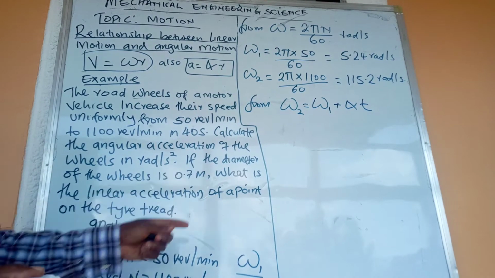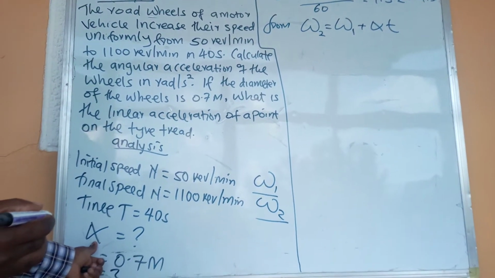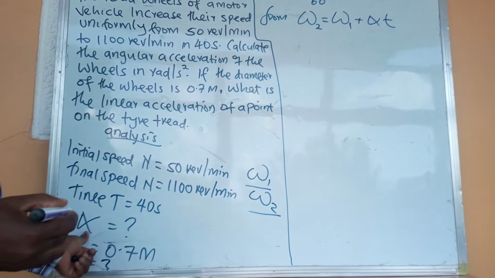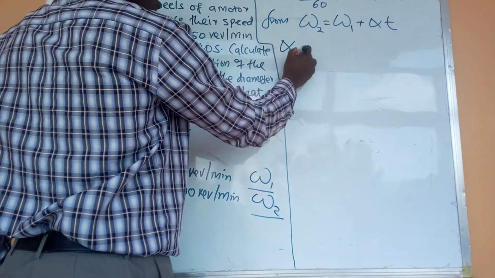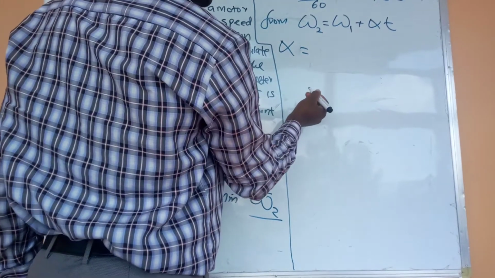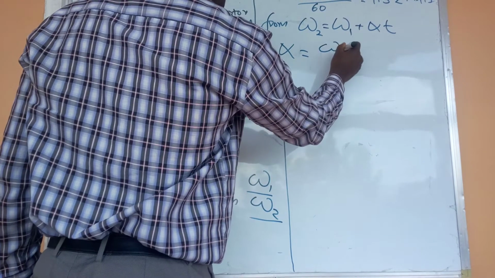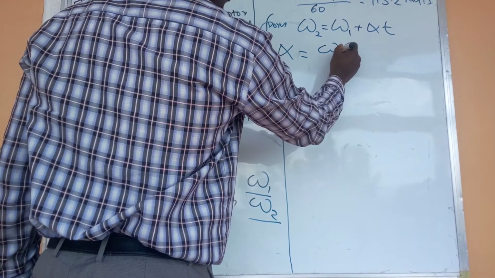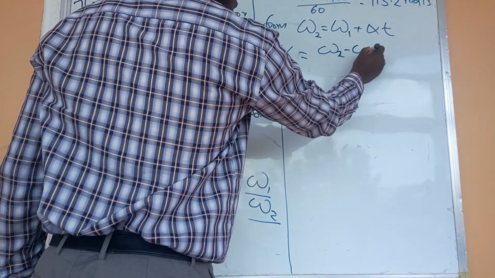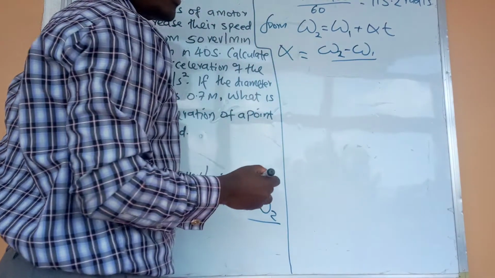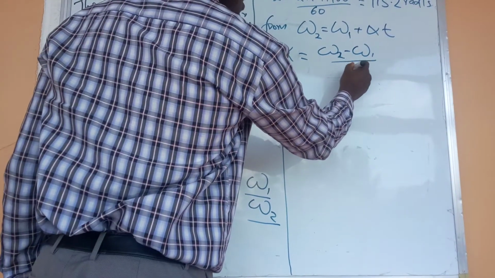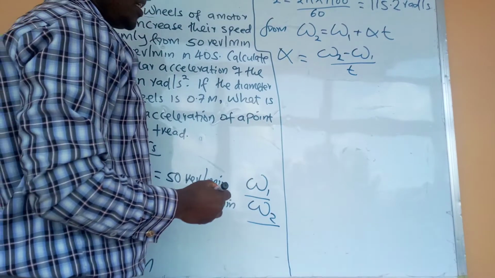The question is to calculate the angular acceleration alpha, so if we make alpha the subject of the formula, we get the final angular velocity omega 2 minus the initial angular velocity omega 1, divided by time t.